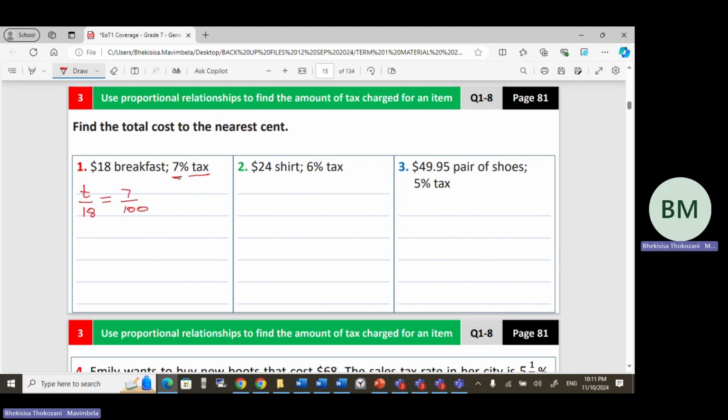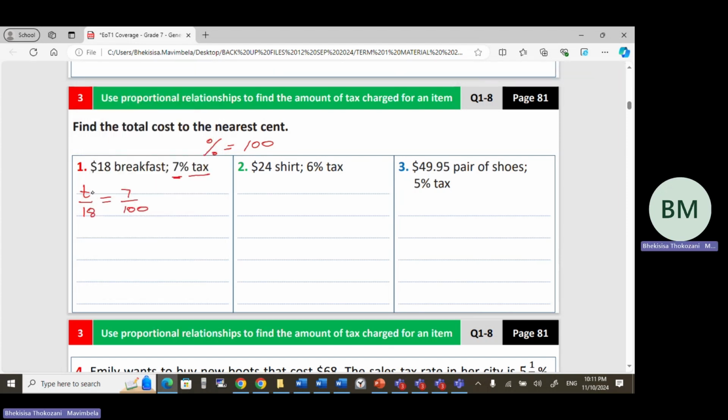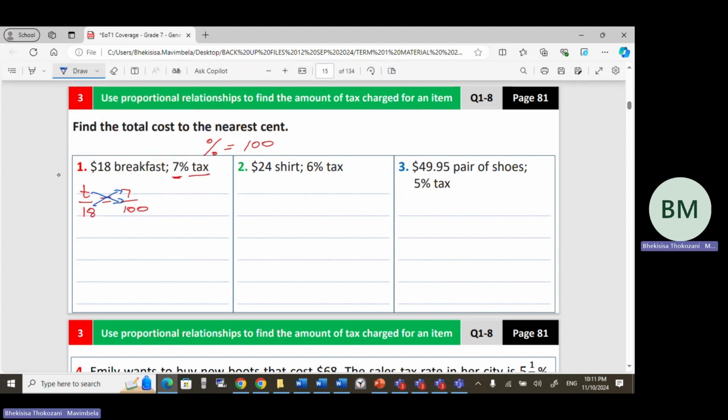Why 7 over 100? Every time you see this percent, remember this is the same as over 100. Okay. And then I will cross multiply. I can just cross multiply these two and multiply those two there.